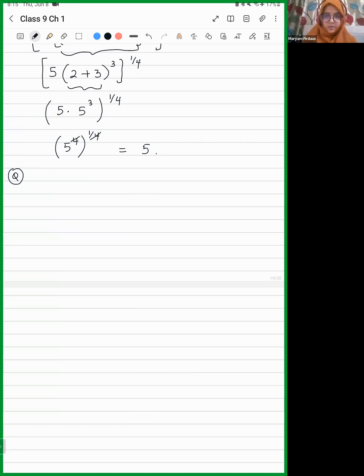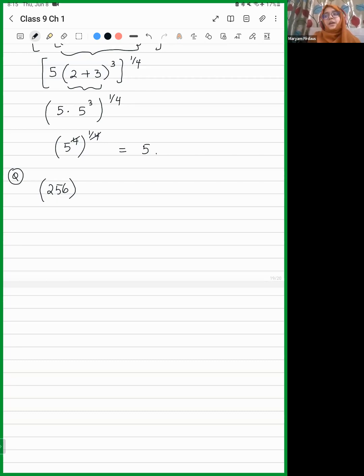Okay, let's go a little bit difficult. And before that, we will do this: 256. By the way, do you have the squares memorized?